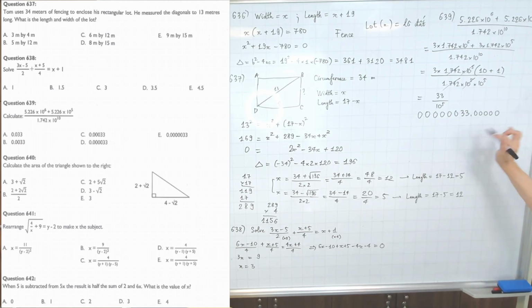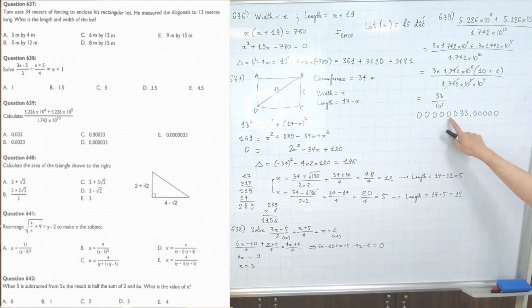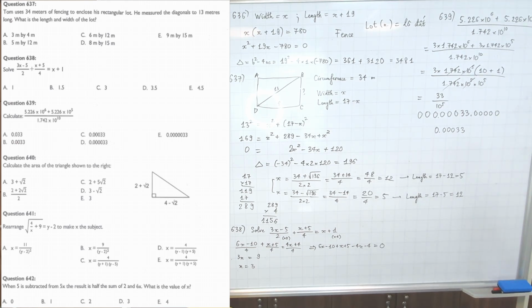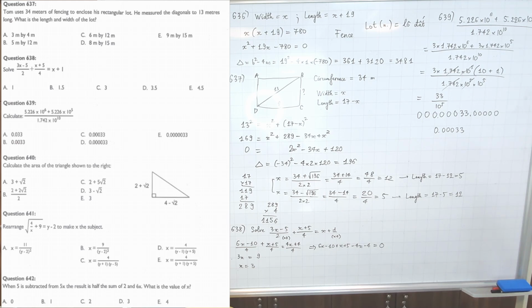So divide by 10, power 2, power 3, power 4, power 5. This is the way, okay? Dividing by 10 to the power 5 means moving left 5 places. So the answer is C, right?